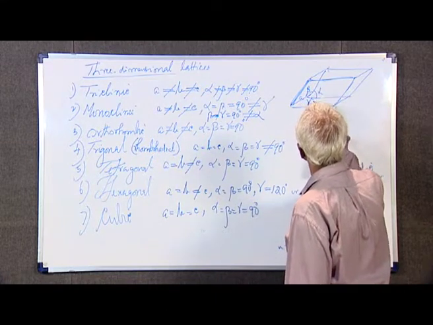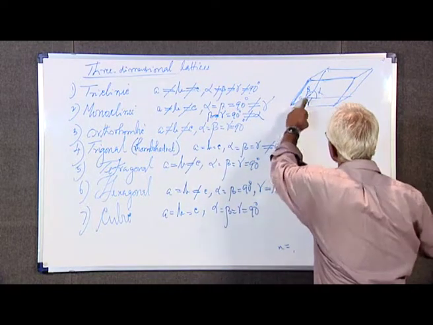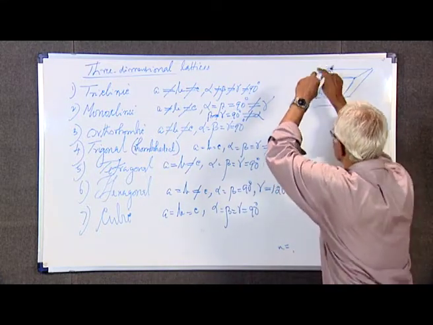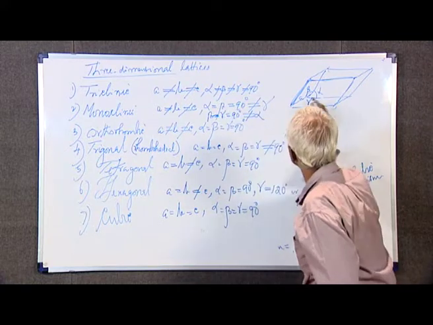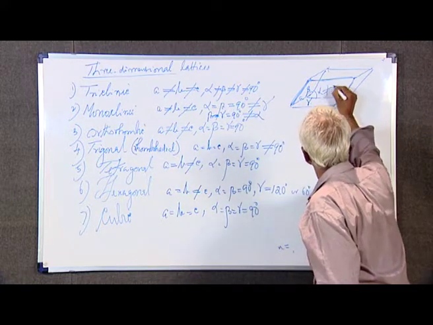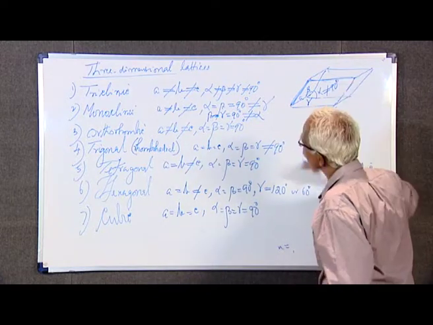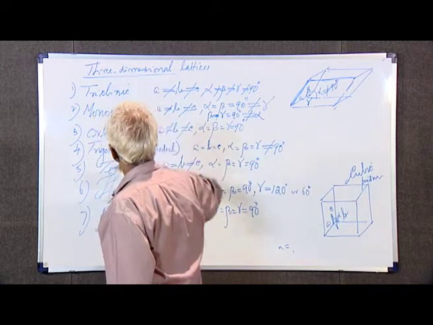See, this is 90, this is 90. Beta equal to gamma equal to 90, and alpha not equal to 90. This is monoclinic. It is an intermediate situation between orthorhombic and triclinic.